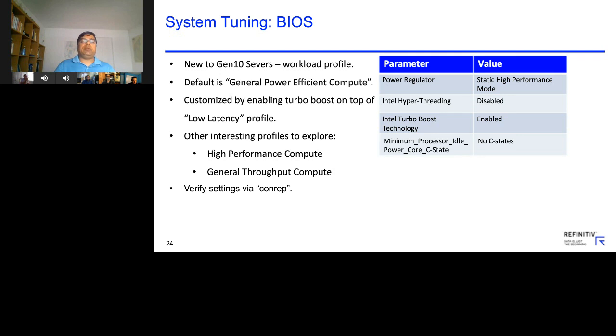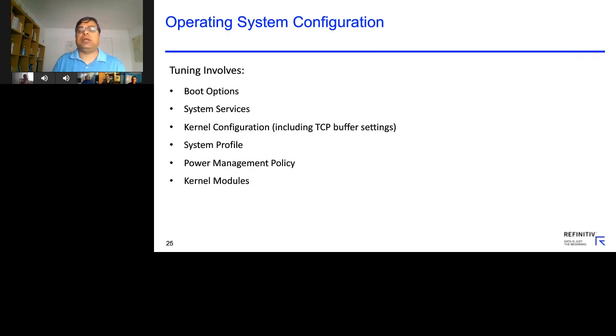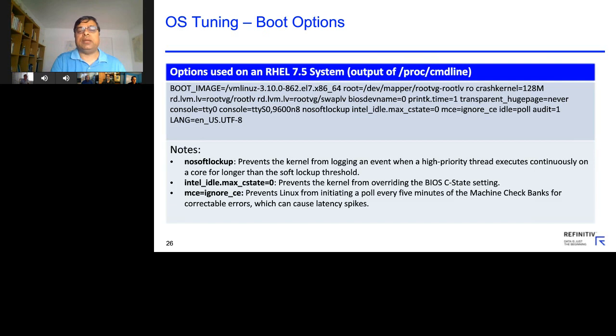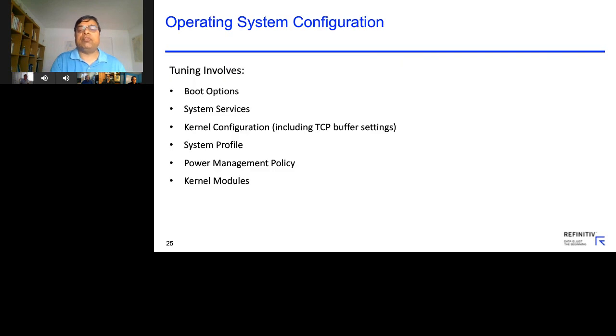Now, when we talk about the next topic, which is the OS tuning, that involves the boot options that we choose, the system services, which is essentially disabling some of them that are not needed. And the important thing is the TCP buffer settings. That's the kernel changes we make. And then, actually 10 years ahead of HP, Red Hat came up with the concept of a system profile.